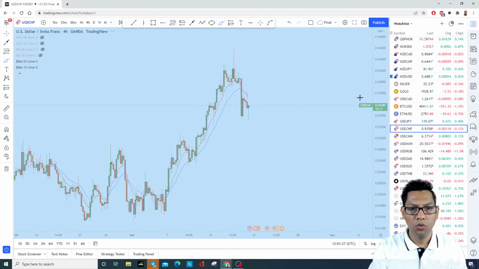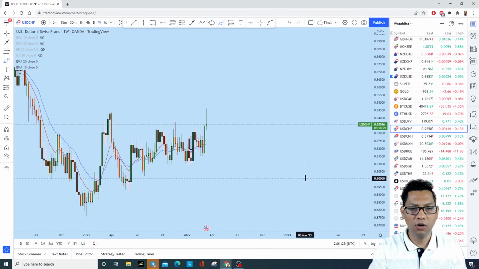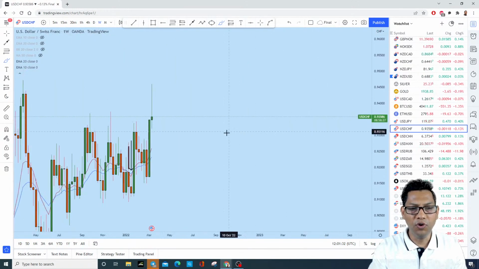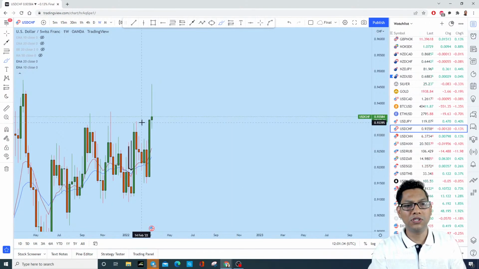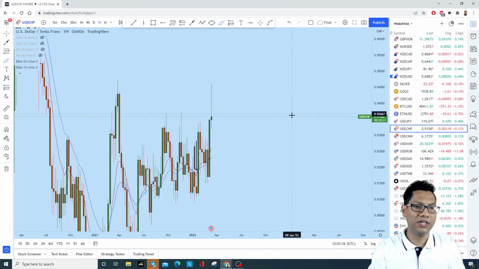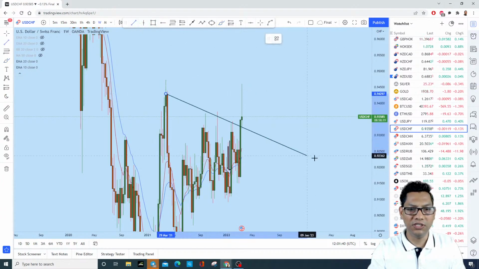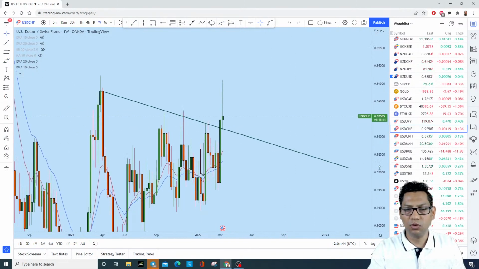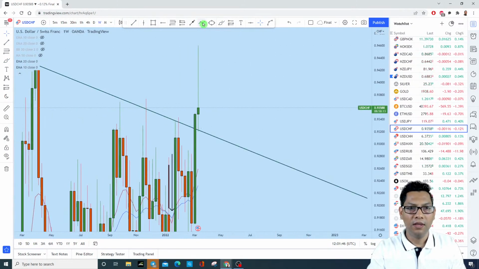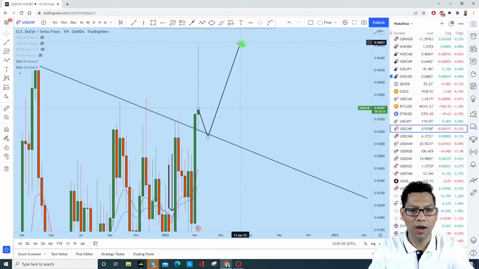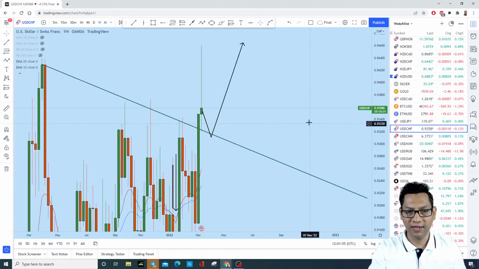So we could potentially see on the weekly, if we see a weekly candle close something like this, a shooting star, and there is a level of support here in USD CHF. So what is the next week likely to do? USD CHF is likely to come down, break this weekly low, and then likely go up. This is highly likely to happen.